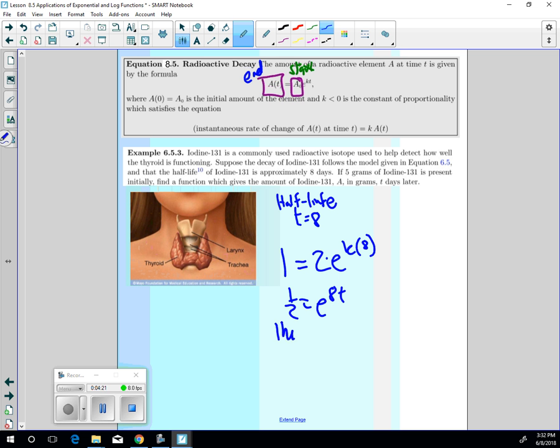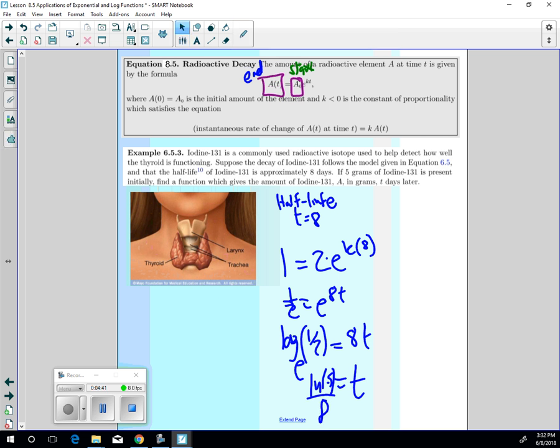So the natural log base e of 1/2. See how often we use that secret to logs? 8 times k. k is the natural log of 0.5 over 8. Because it's base e, it won't simplify. All right, if 5 grams of iodine is present, finally find the function which gives the amount of iodine in grams.